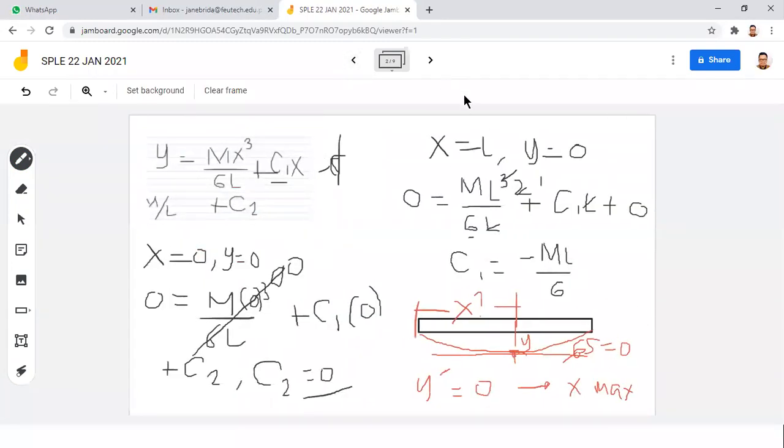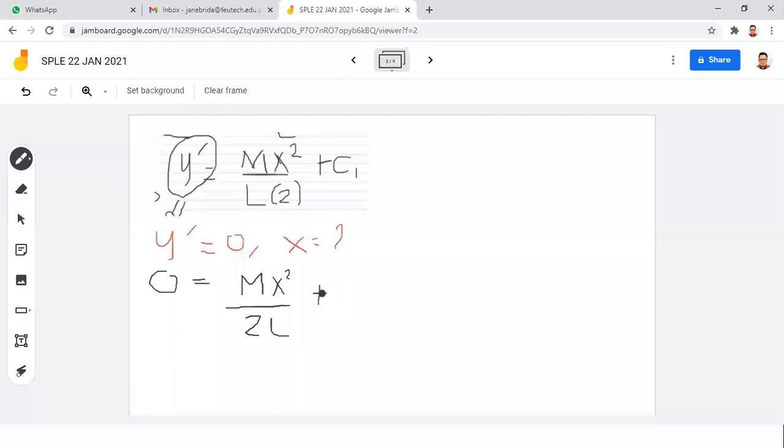What is C1? Minus mL over 6. Now, we transpose. Negative mL will become positive if we put it on the left side.